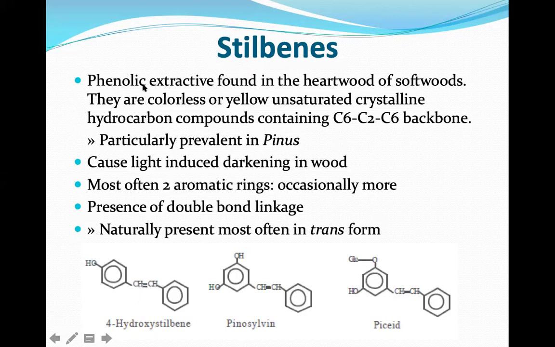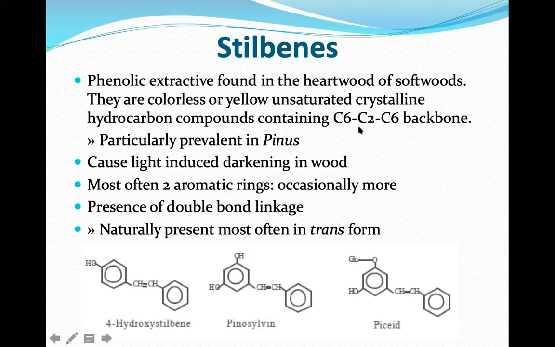So they are obviously phenolic extractives, can be extracted from the plants, found in the hardwood and softwoods of the plants, mostly hardwood of the plants. They are colorless or yellow unsaturated crystalline hydrocarbon compounds containing a C6, C2, C6 backbone.